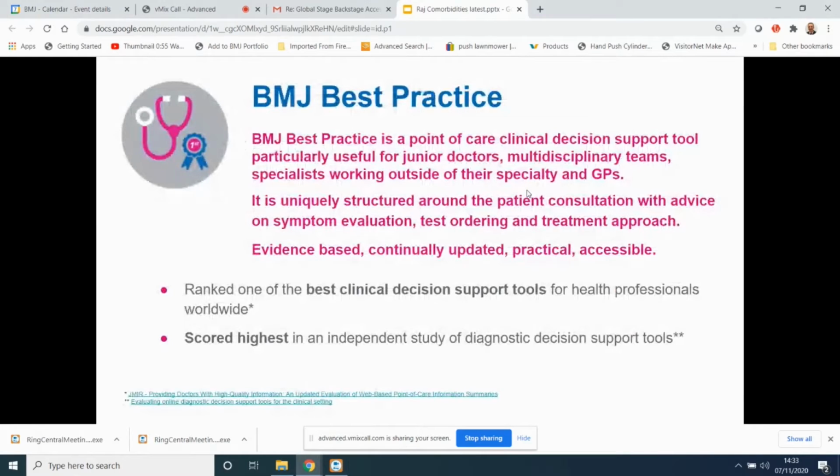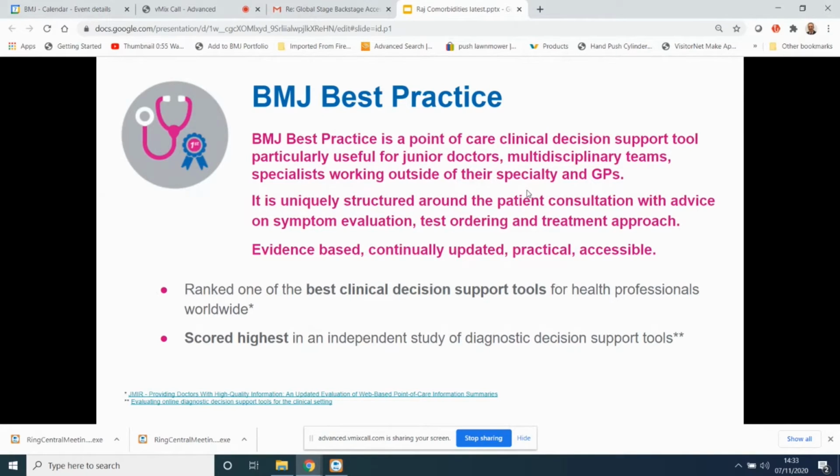So, some background. Our clinical decision support tool is BMJ Best Practice. It's a point-of-care clinical decision support tool aimed at the interdisciplinary team. It's structured around the patient consultation with advice from history and examination to investigations through to management and follow-up.